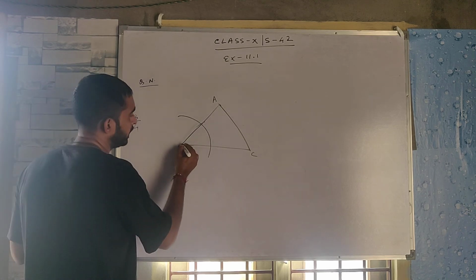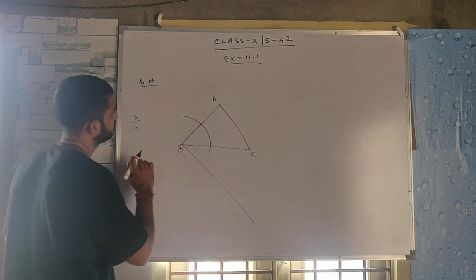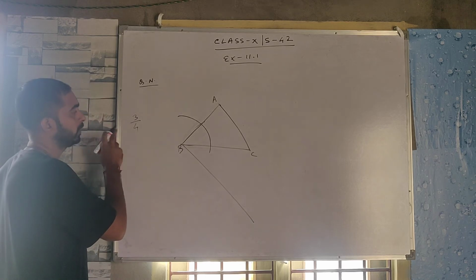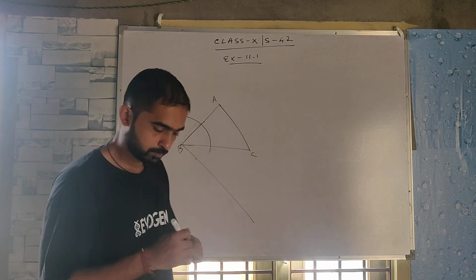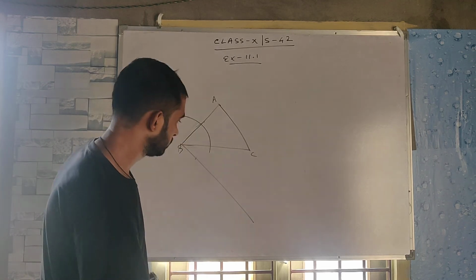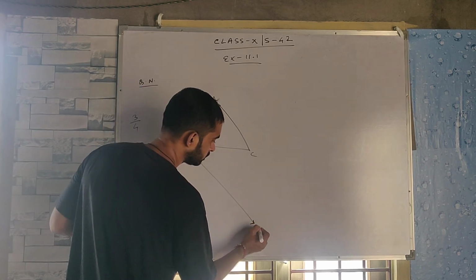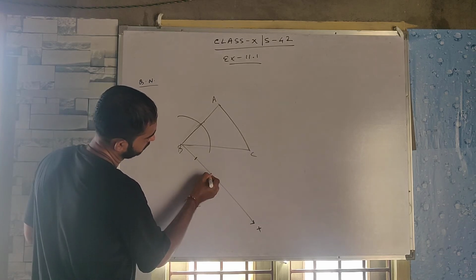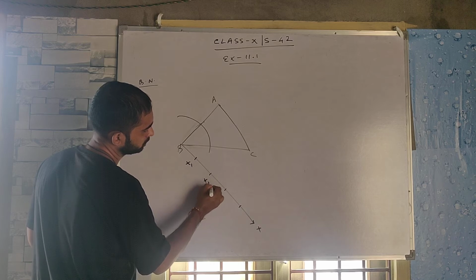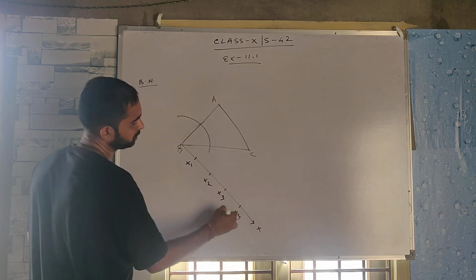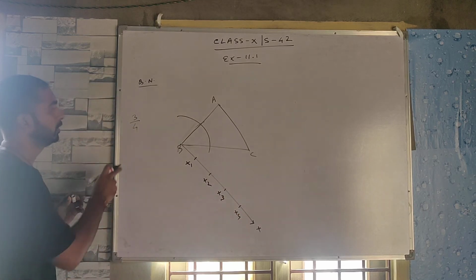So draw an acute angle. Out of 3 and 4, the larger one is 4. So take 4 parts. Out of 3 and 4, the denominator is 4.